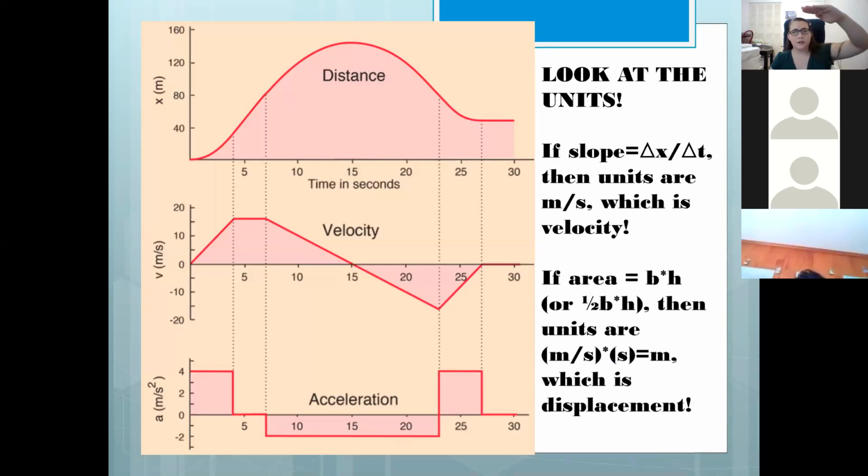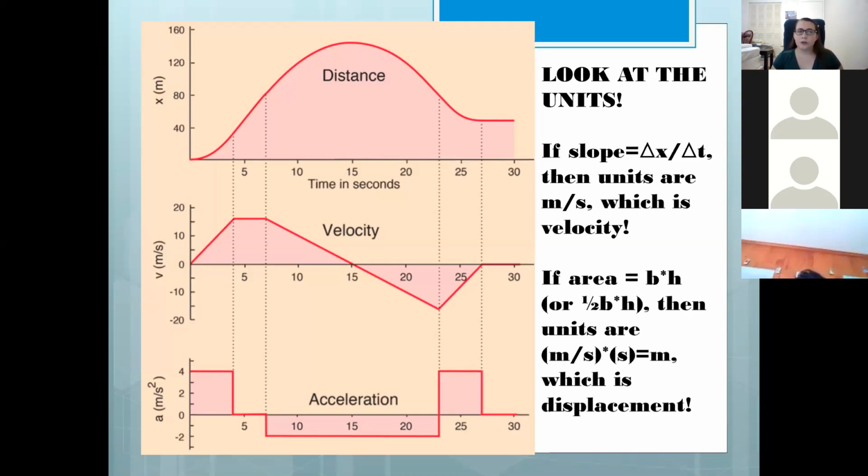It's positive, and then it's a constant positive number for a little while, and then it decreases to zero right at 15 seconds, and then it's negative, getting less and less negative as the position curve flattens out until it's zero again. And then for acceleration, we take the slopes of each section in our velocity graph, and you can see what that does to our acceleration.